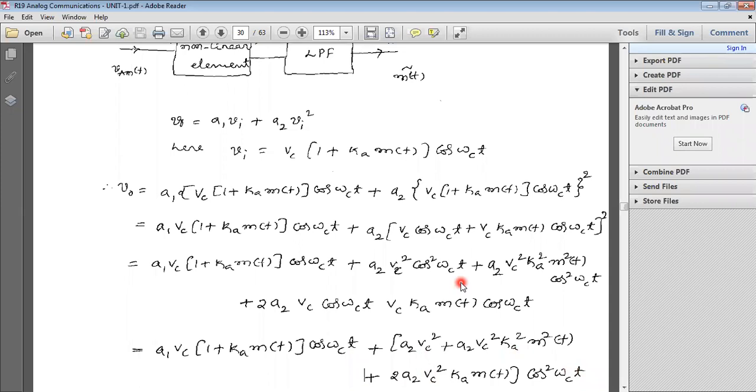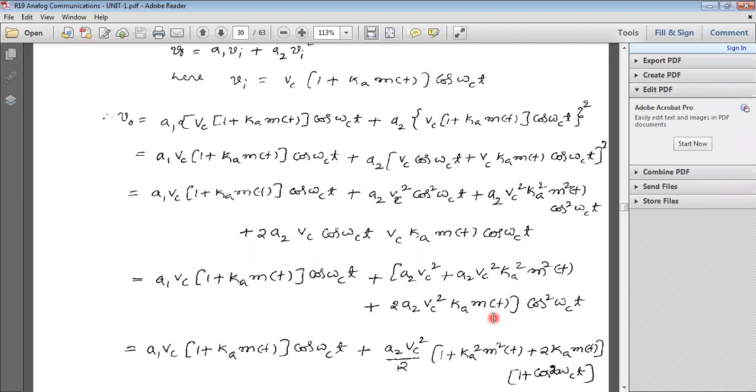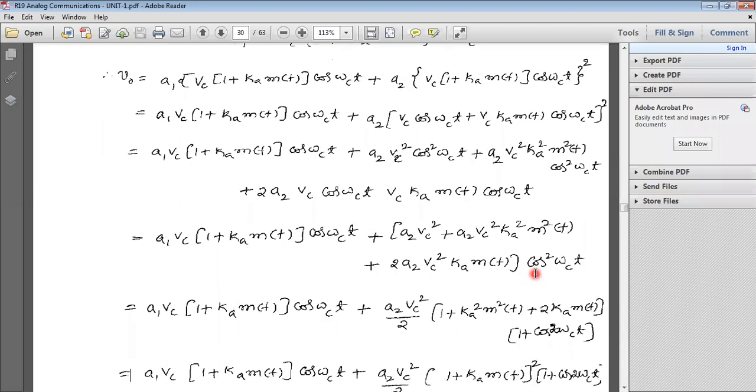After taking common cos square omega Ct, in this term we have A2 Vc square plus A2 Vc square Ka square m square t. In the third term, we have 2 A2 Vc square Ka m of t.